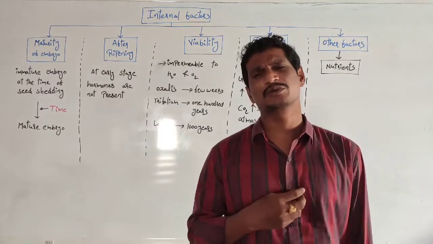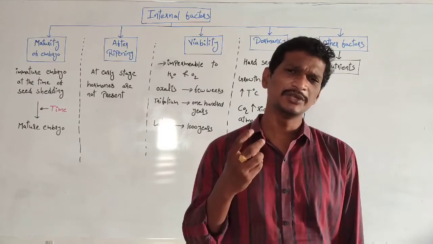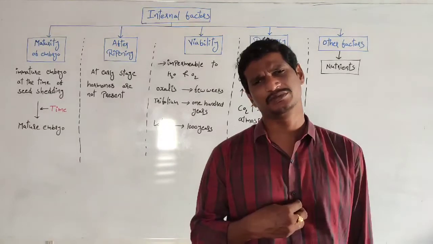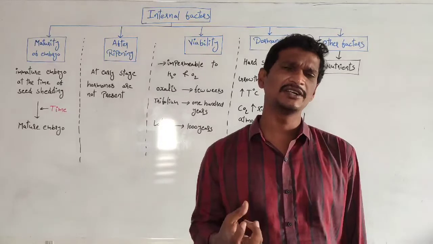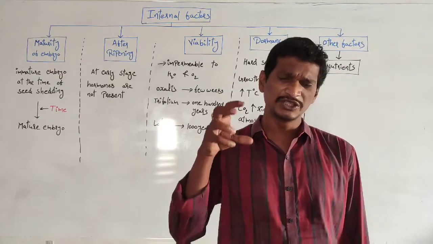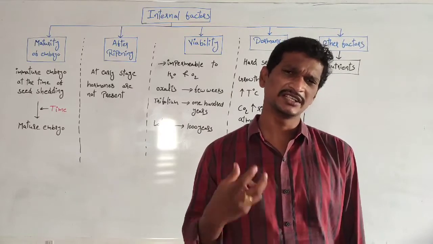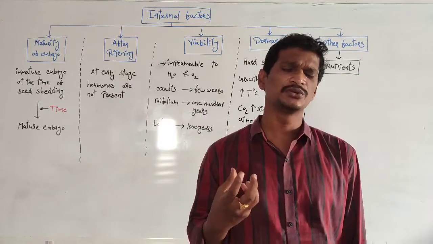Whenever the seeds are produced, at that time the seeds may contain immature embryos, which are not completely developed. The immature embryos take a certain time period, and within that period cell divisions take place, and the immature embryos are modified into mature embryos.